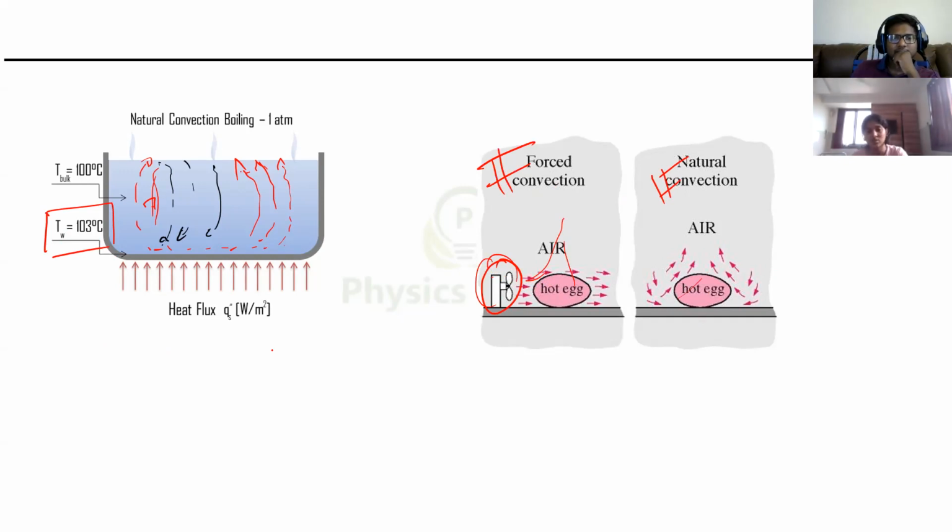Like the forced vibration sound. Here the molecule movement you're making using this blower, not due to the temperature difference. So that's why it is called forced convection. External agent.